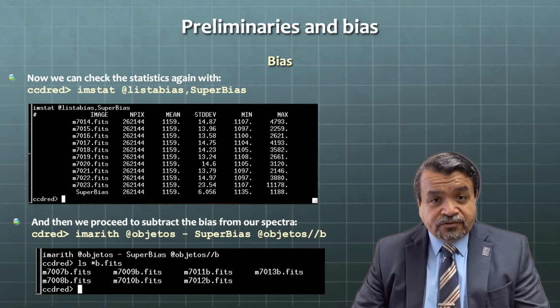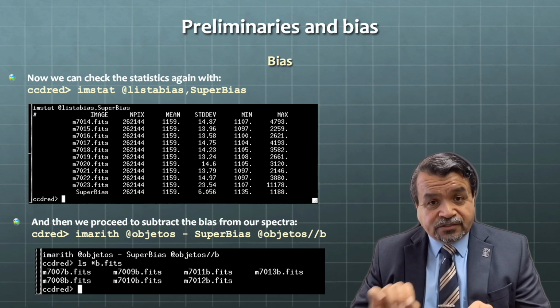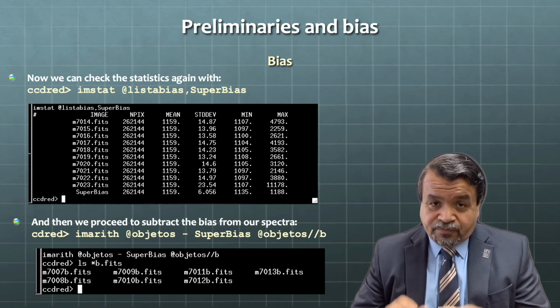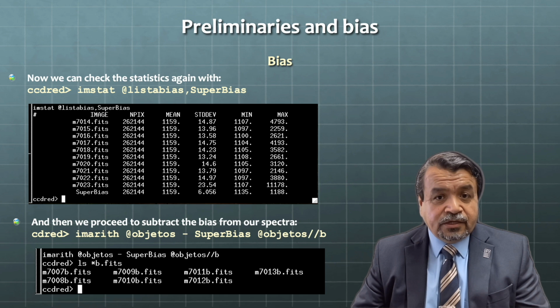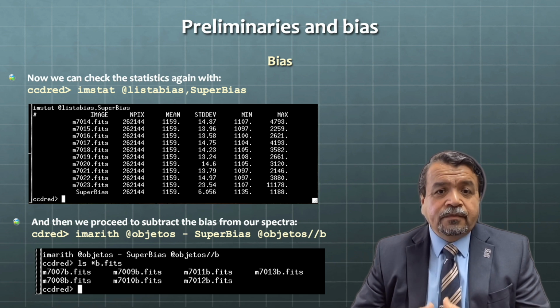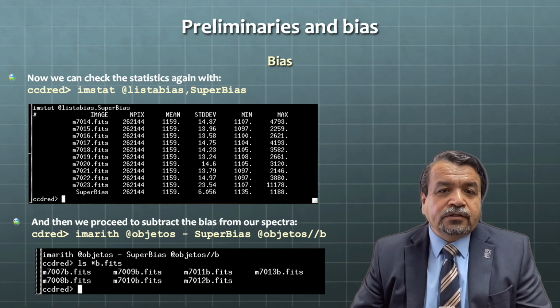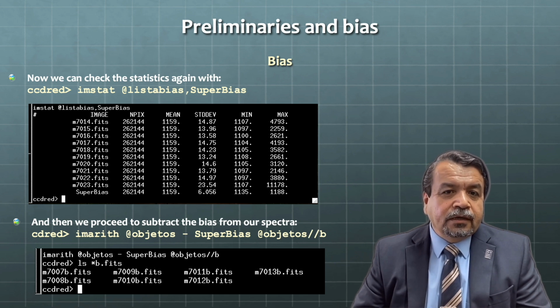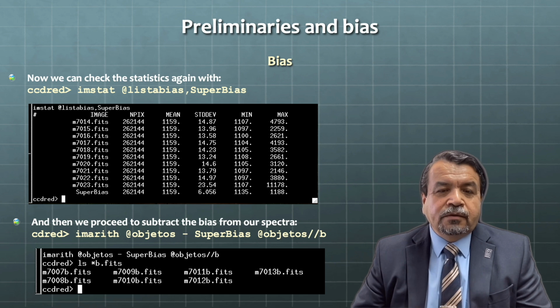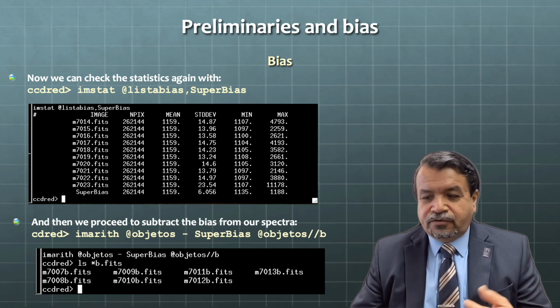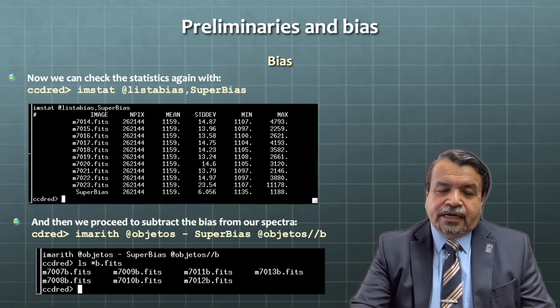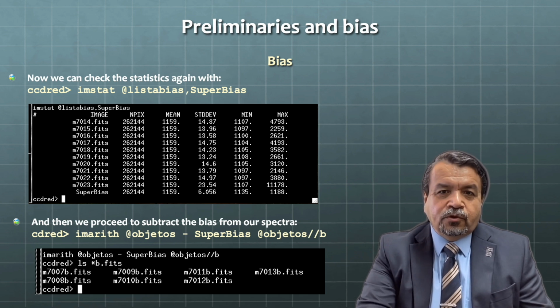Therefore, it will iterate through each file, performing pixel by pixel subtraction of the super bias, using the bias value as a reference. Upon executing the program, as can be observed, a plethora of files named b.fits were generated, which already incorporated the subtraction of the super bias file, thereby indicating the successful completion of the process.